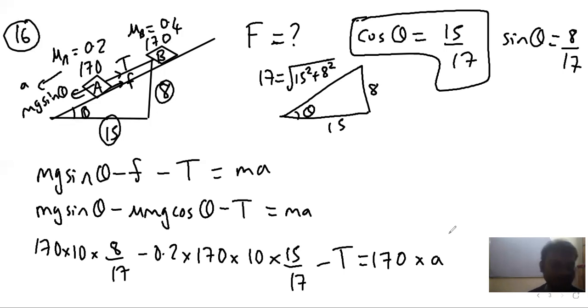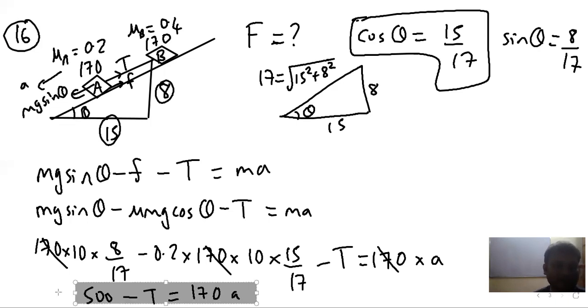Simplifying, we'll get the equation for this block A. Upon simplification, 170, the mass, cancels on both sides, and we will get a new equation: 500 minus T is equal to 170a. So this is our first equation. Let us call it equation number 1.